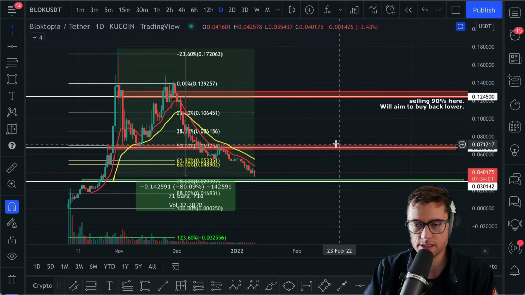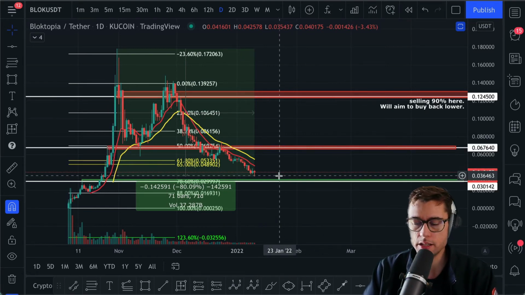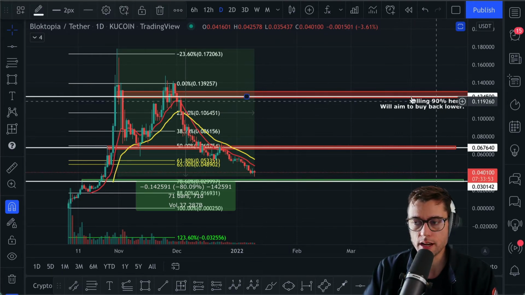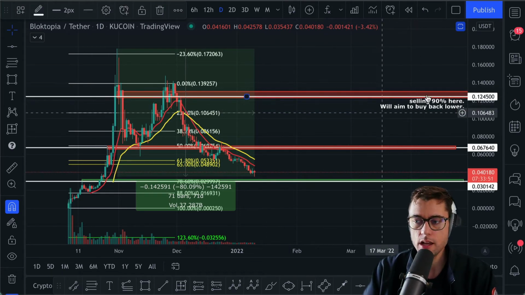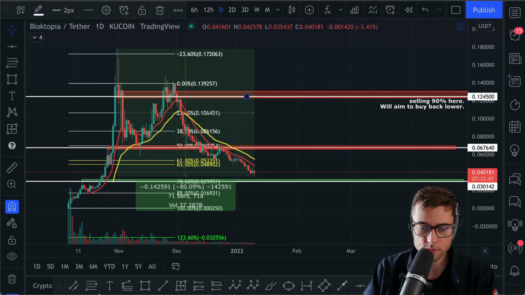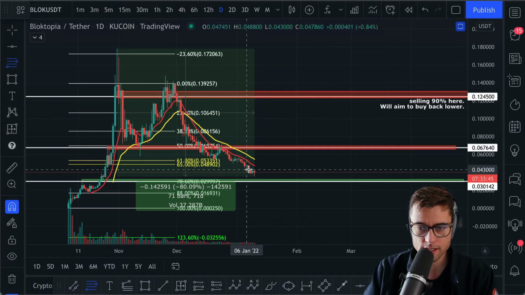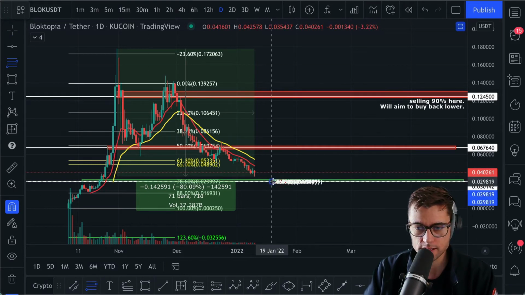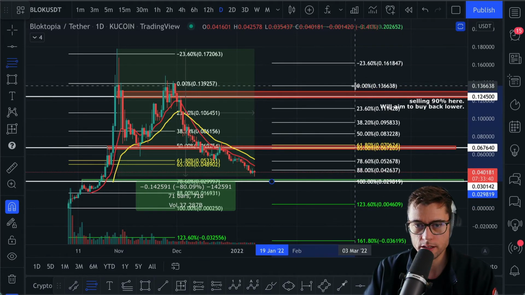But what I'm going to do is take a lot of profit here. And then in case we get this mania phase for metaverse plays, that's when I will take 90% up here. And then I'll try to rebuy a lot of it back lower. But this one, I'm not as confident in as I am on the other ones. Let's just say that this happens to be the bottom right here, and then this happens to be the top.